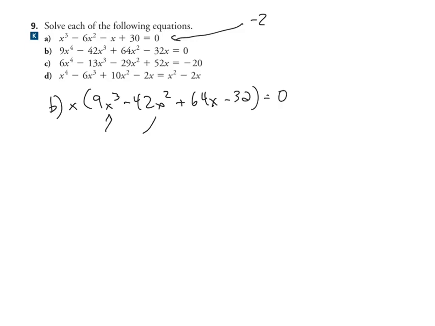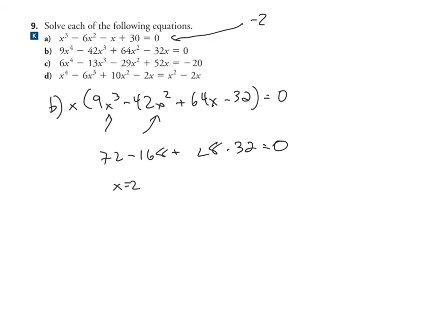Let's try a 2. 9 times 8, 72, minus 4 times 42 times 4, 168, minus 168, plus 128, minus 32, and that equals 0. Alright, so x equals 2 is a solution. So that means x minus 2 is a factor.